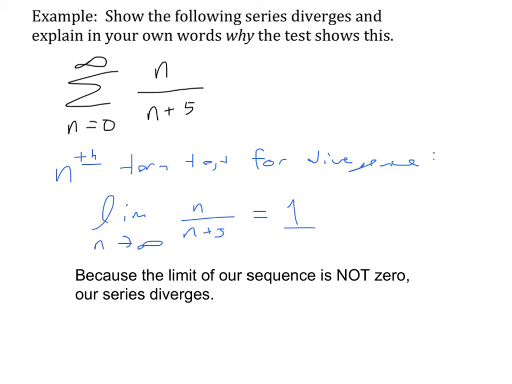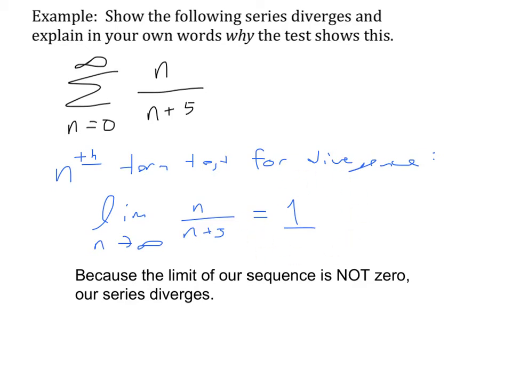So my answer is that the reason this means the series diverges is that when I'm doing my sequence of partial sums, every time I go to the next partial sum, I'm adding on a number that's close to 1.